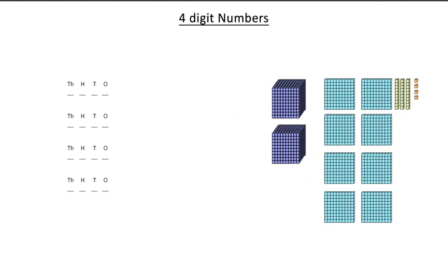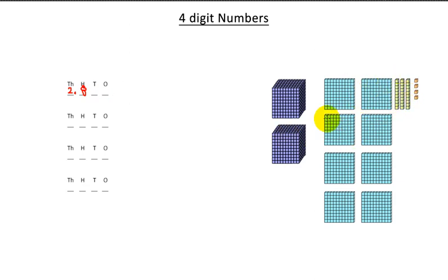So naturally, I'm going to go here where the thousands are, and I'm going to put 2. Then we said after the thousands, I put in a dot. Then we have the hundreds. There's 1, 2, 3, 4, 5, 6, 7, 8 of them. 8.